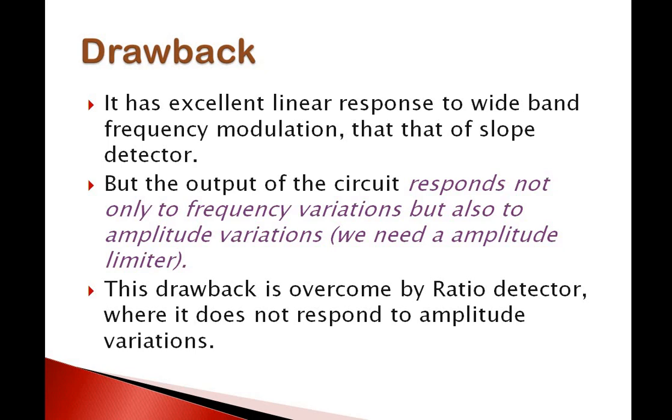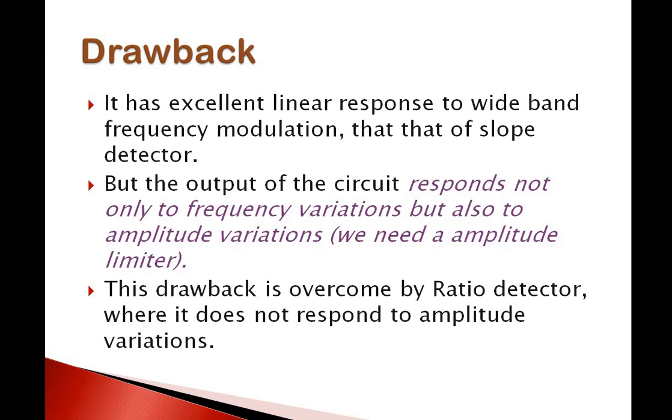So balanced slope detectors and slope detectors are mainly limited to smaller frequencies, right? The first one was your slope detector, where you have the drawback. Then you go for the balanced slope detector, where you are using two slope detectors. But also here, because of limited frequency deviations, we are not going for the higher bandwidths.